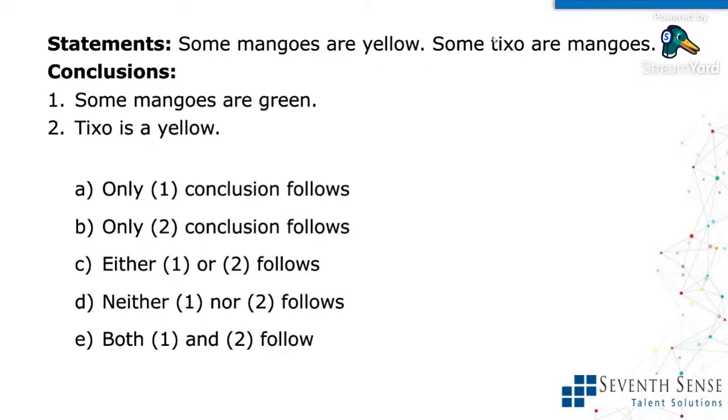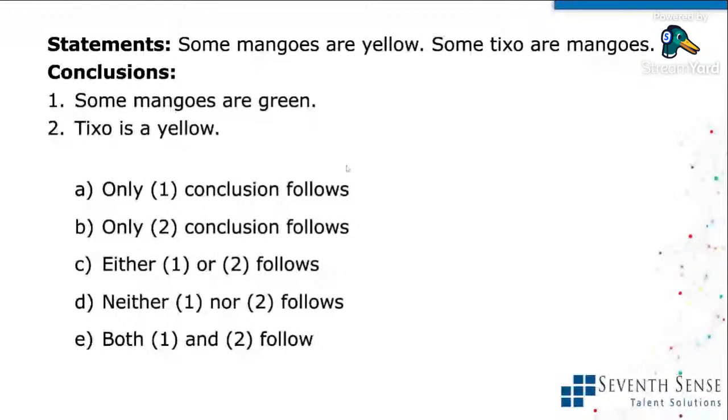Some mangoes are yellow, some tixo are mangoes. Conclusion: some mangoes are green, tixo is a yellow. Now quickly try to answer this.